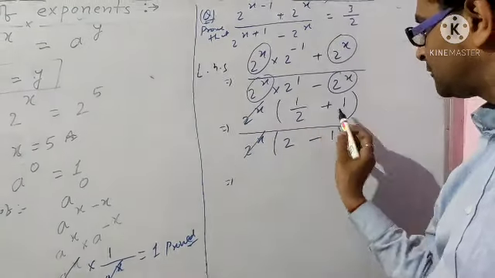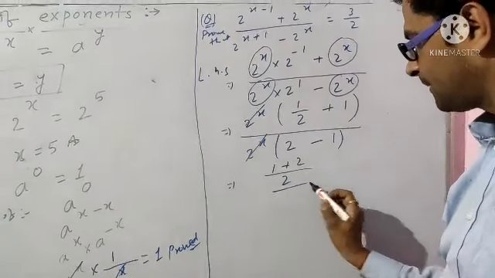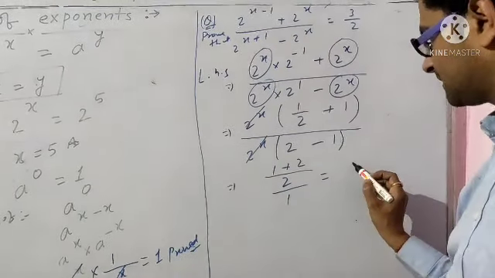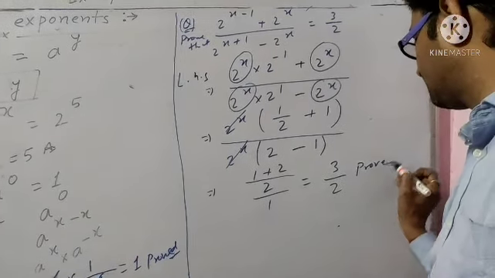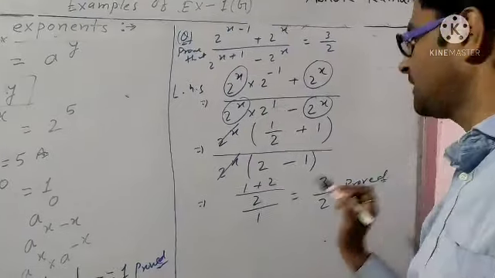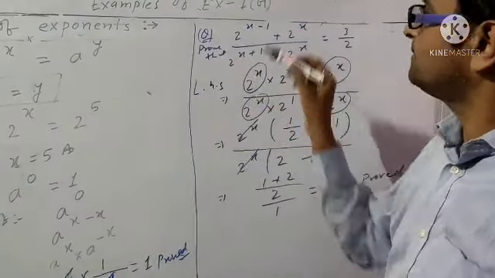So 1 by 2 plus 1, take LCM. 2 is the LCM. 1 plus 2 divided by 1. So the result is 3 by 2. This is your proof. Okay, student, I hope you will understand this question.